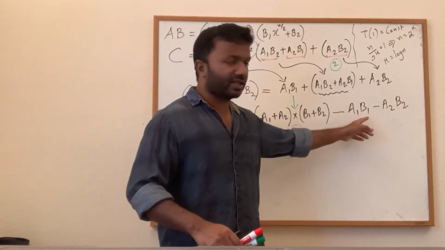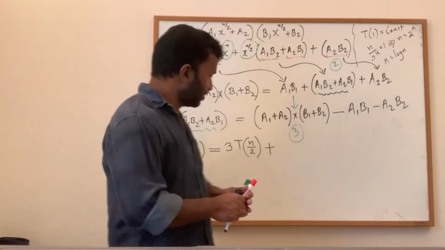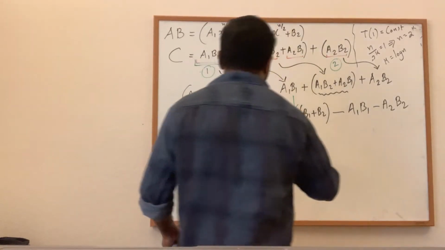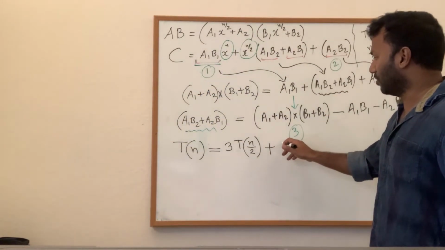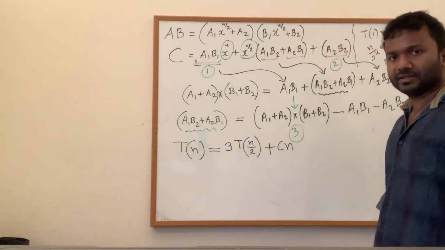You are taking these quantities out, again big O of n. So the whole remaining process can be done in big O of n time. So this will be like this.